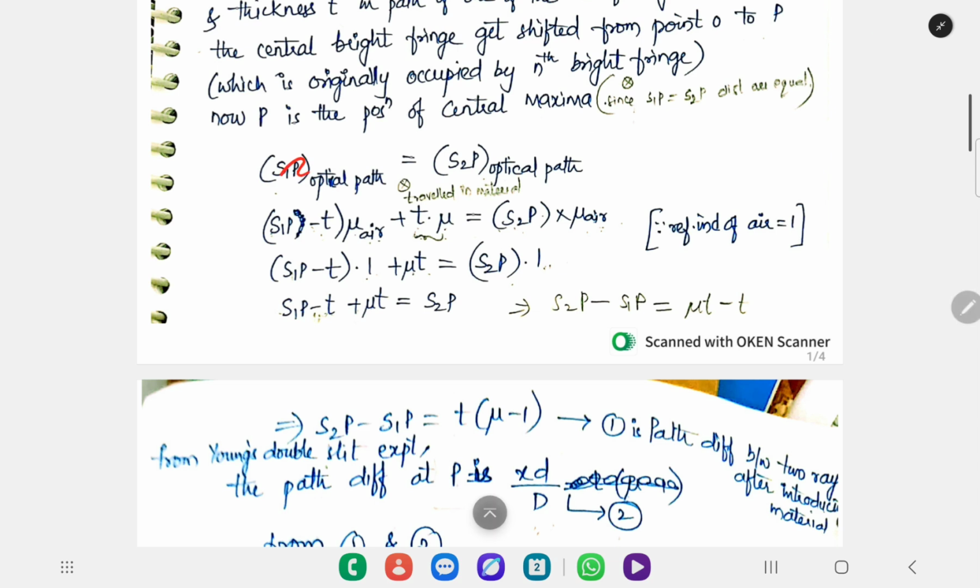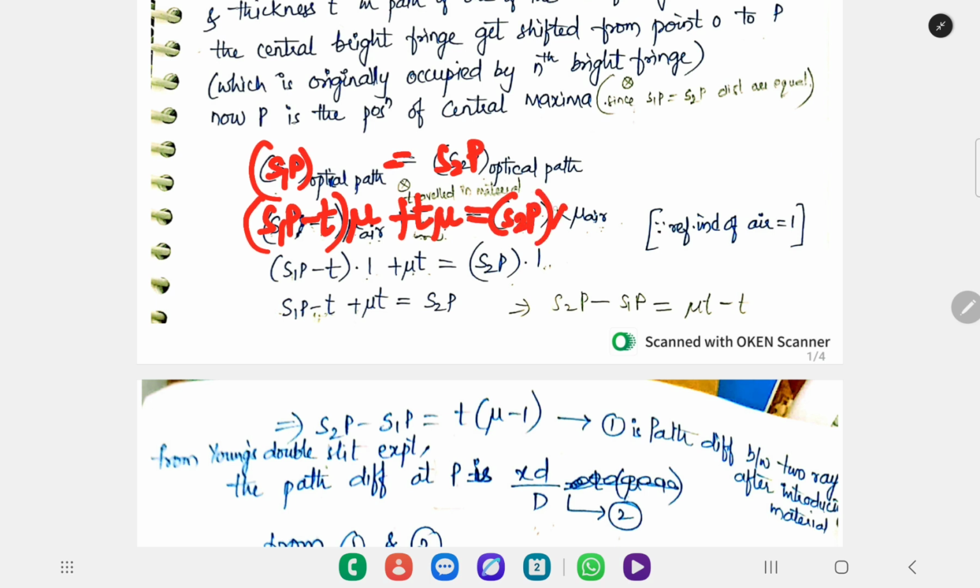Now, as S1P is equal to S2P, S1P minus t into mu of air, plus t, the thickness of the transparent film, times mu, the refractive index of the film, will be equal to S2P into mu of air.